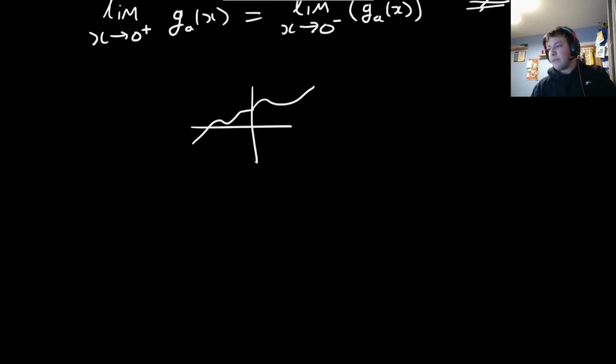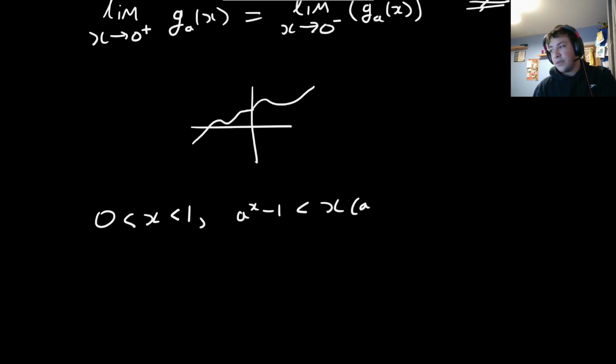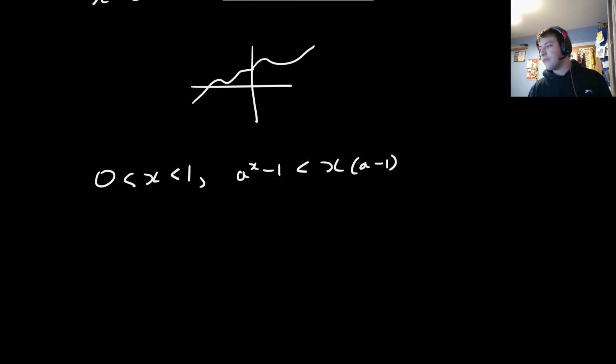So we already know that if 0 is less than x is less than 1, then a to the x minus 1 is less than x times a minus 1, right? This was what we did before, but with p and q instead of x.